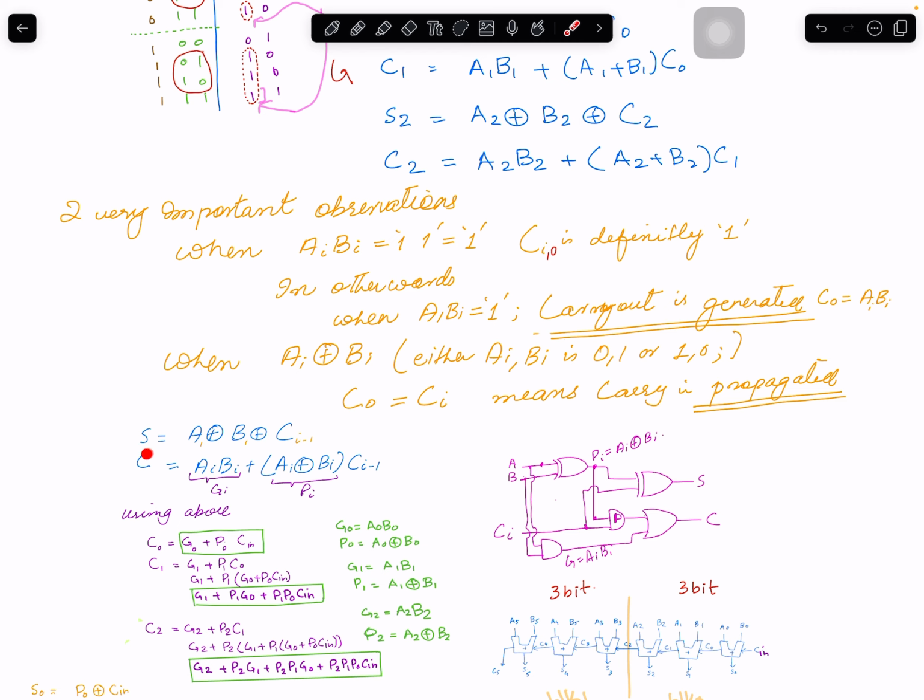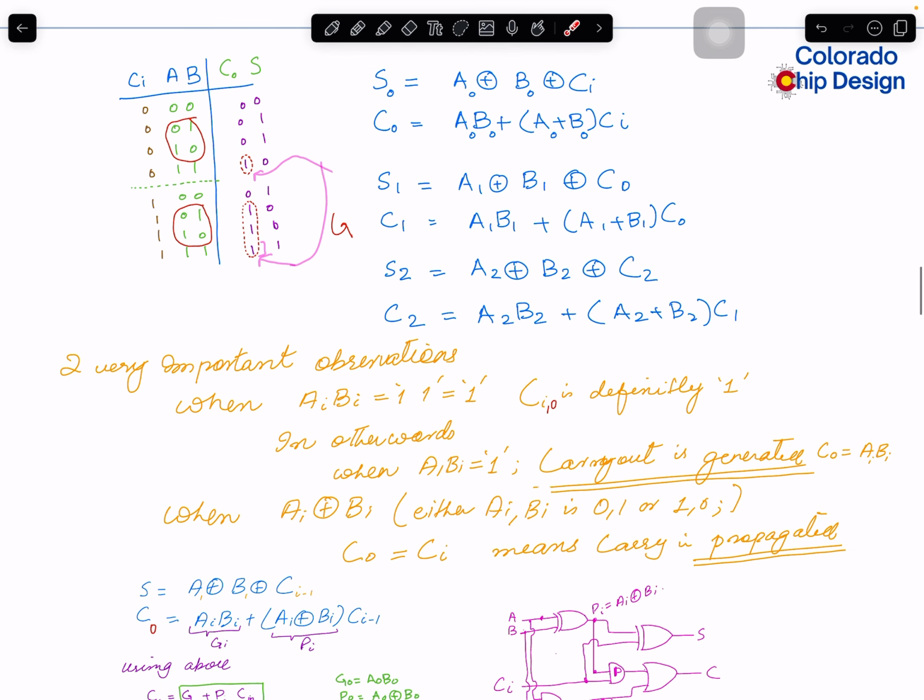So carry out is supposed to be 1 when A and B are both 1, or this is OR, just the sign of the OR logic gate, okay? Remember, sum of product terms. Then when AI exclusive OR BI, now we cannot skip this one because AI and BI exclusive OR is 1 even when this is 1.